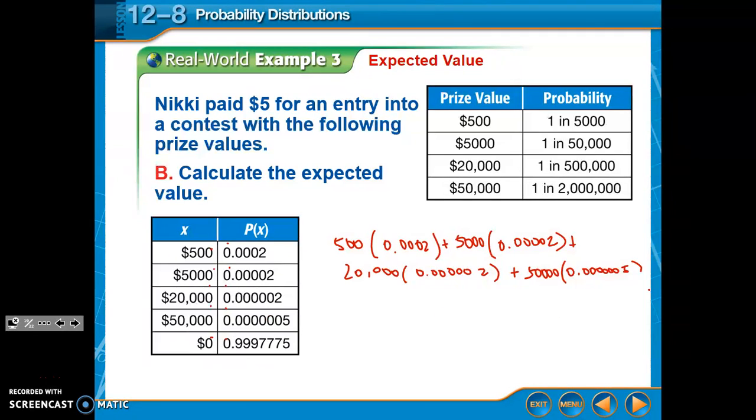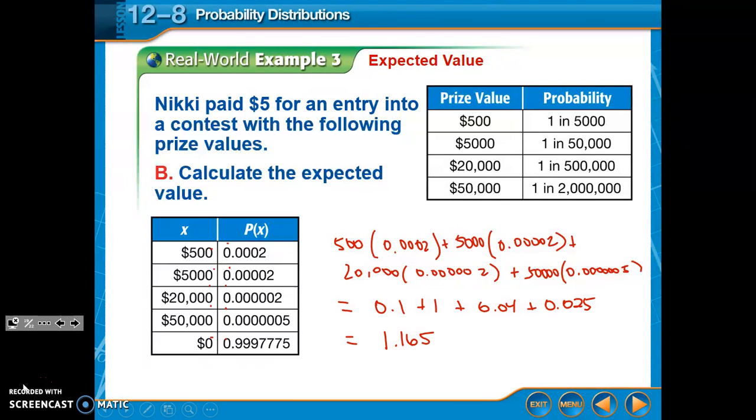Then 0 times anything is just going to be 0, so I'm not going to write that one. But anyway, you're going to do all these. 500 times 0.0002 is 0.1. Okay, so I'm going to go through and calculate this, and pause the video right here for a sec.